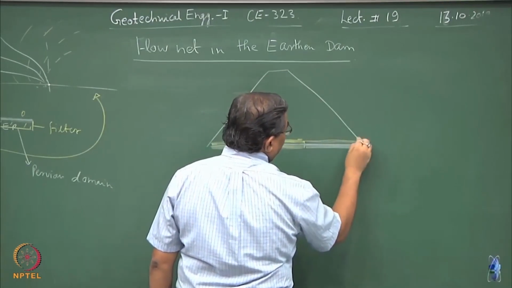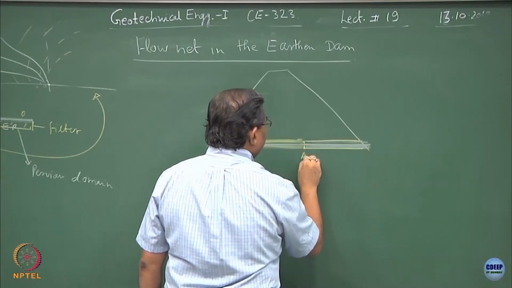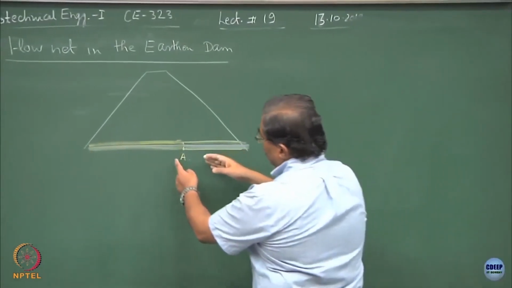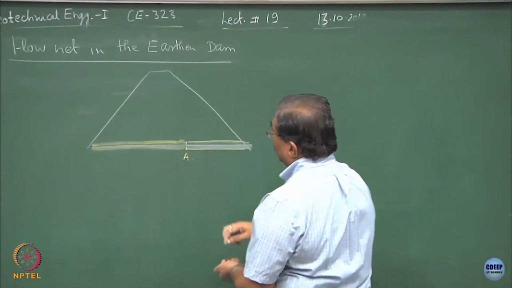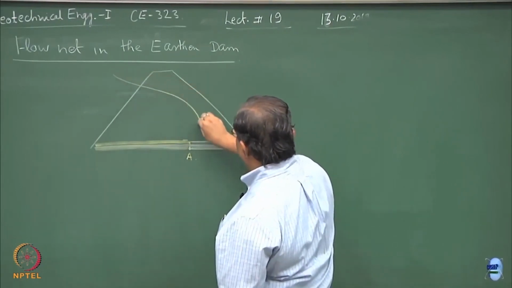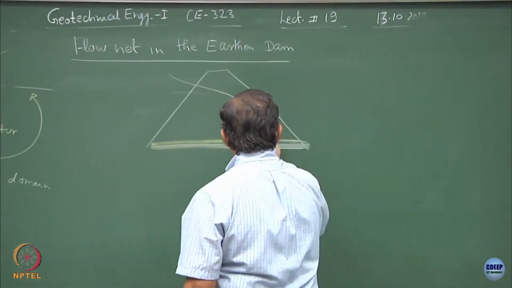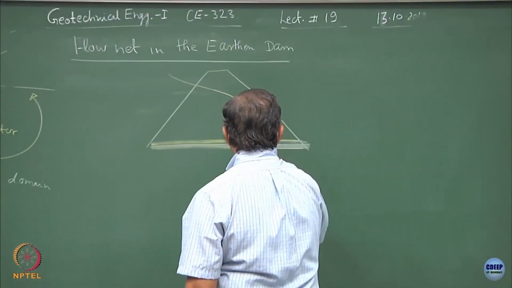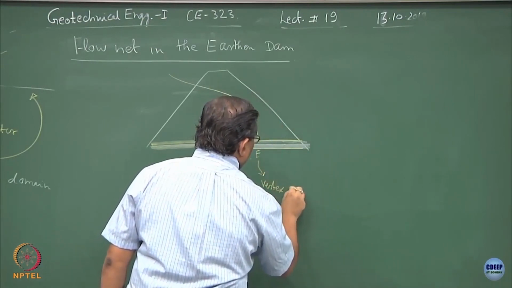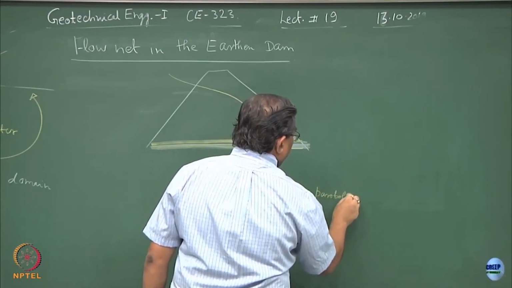So, this becomes my drainage layer and point A gets shifted inside. Now, the moment I have done this type of a manipulation, the top flow lines will always come and cut at the vertex. So, this is the vertex point E. Fine.